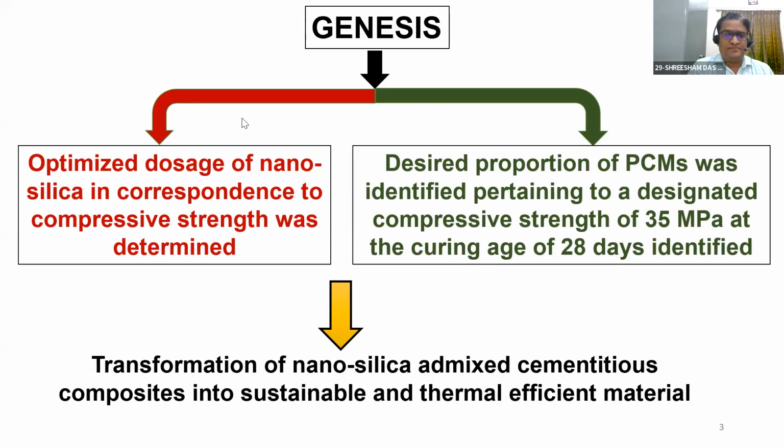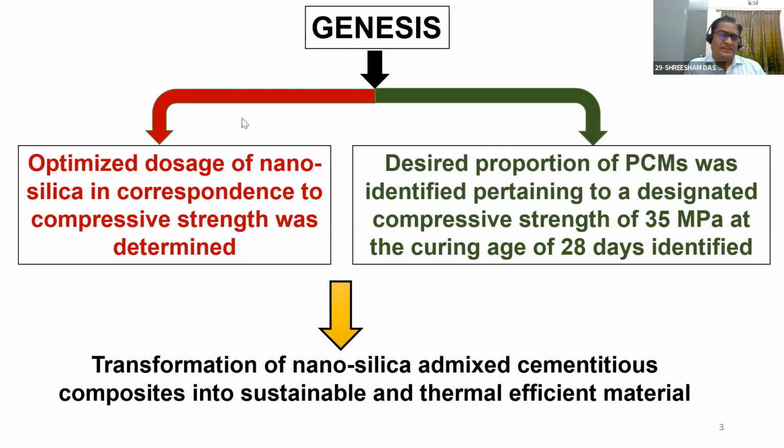So with this point of view, first we have optimized a nano silica blended cementitious composite that is a high performing material as well as a sustainable material. But in addition to that, we have realized there is a scope to go into transforming the nanosilica admixed cementitious composite into a thermal efficient material. So that is the need of the hour.